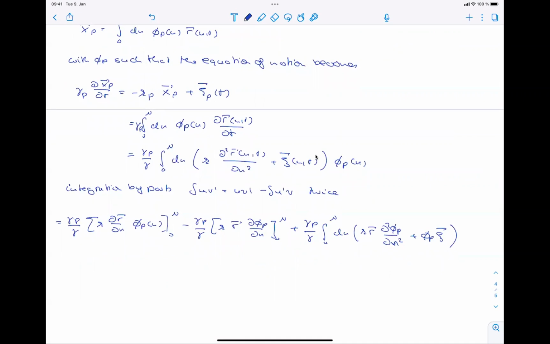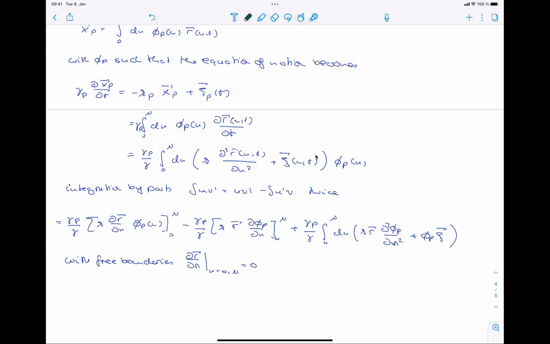Now, how to simplify? We notice that we have free boundaries, so dR/dn at n equals 0 and N are 0.